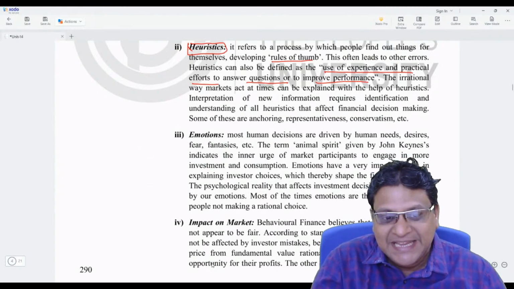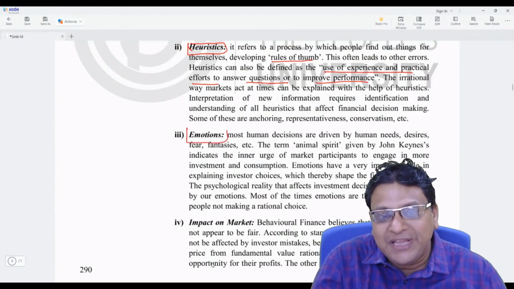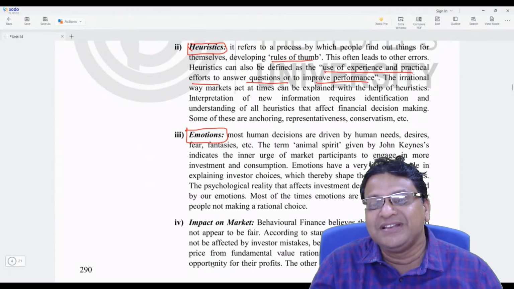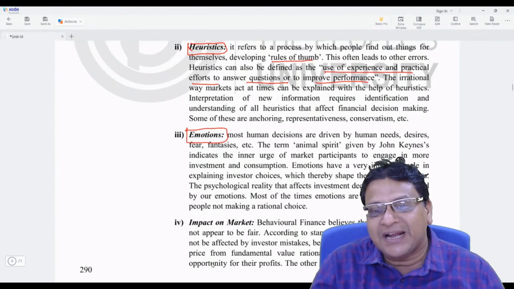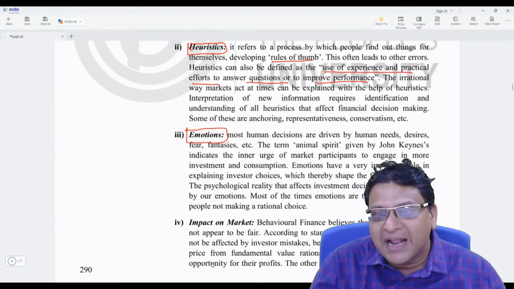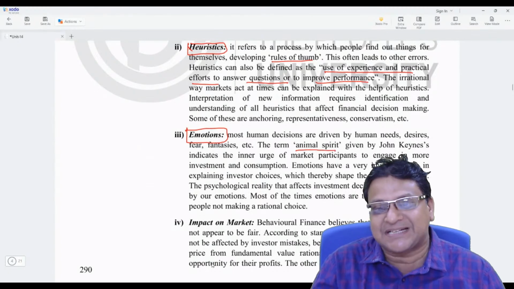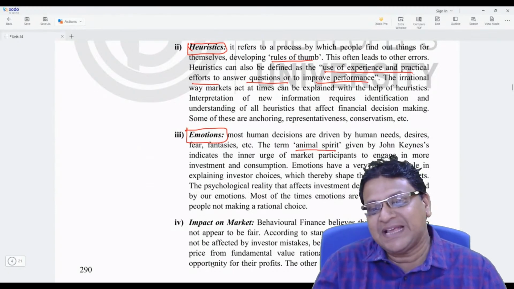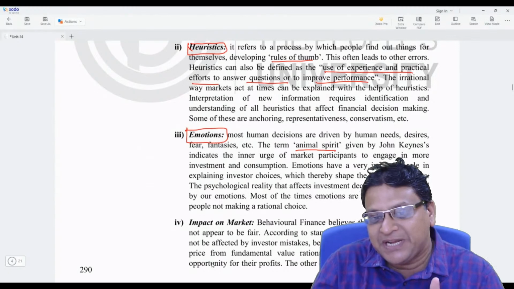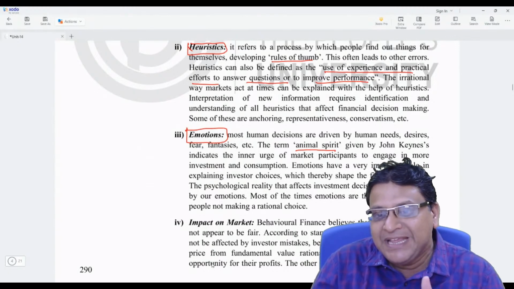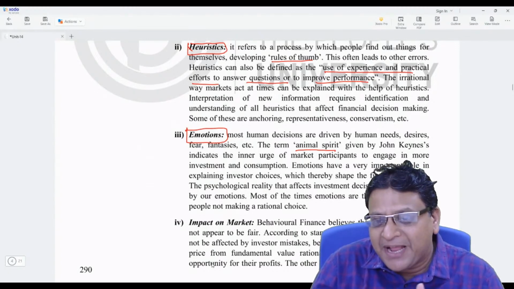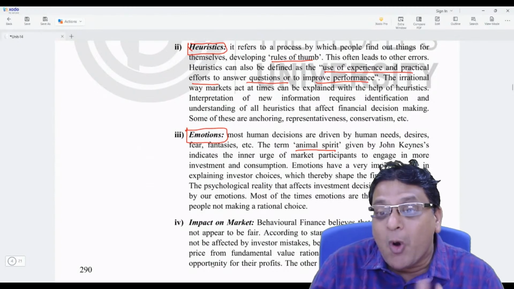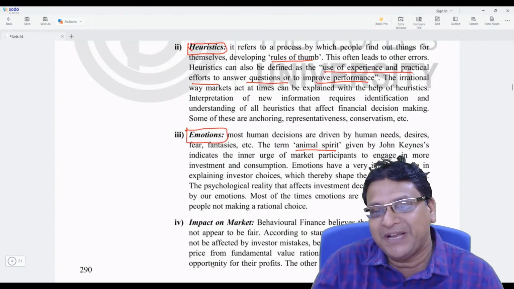Then next one is emotions. How do emotions affect investment decisions? We know that emotions are the animal spirit. Let's take an example. In the finance market, there is a herd mentality. What is herd mentality?